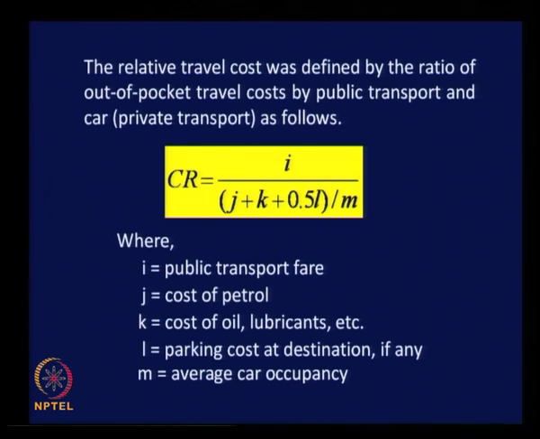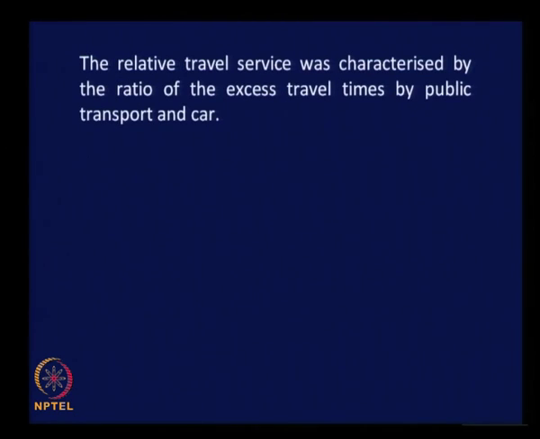And then service ratio was calculated by considering the excess travel time implication related to the alternative modes. What do you understand by excess travel time? We normally spend the travel time, required travel time.